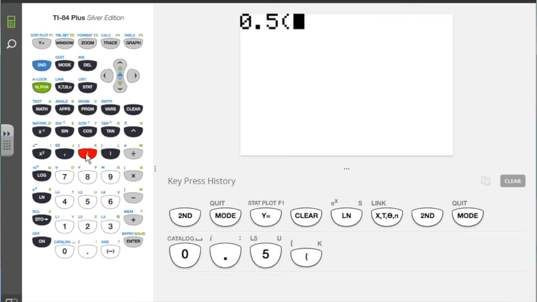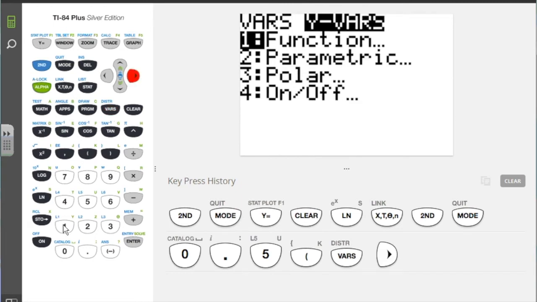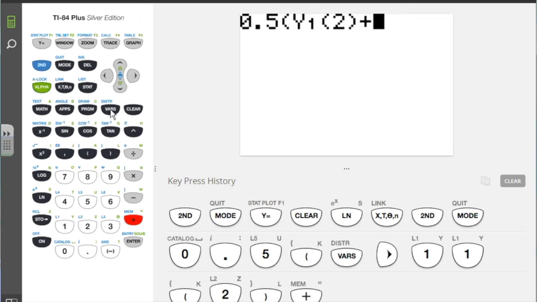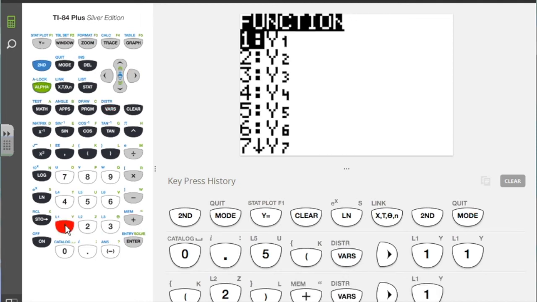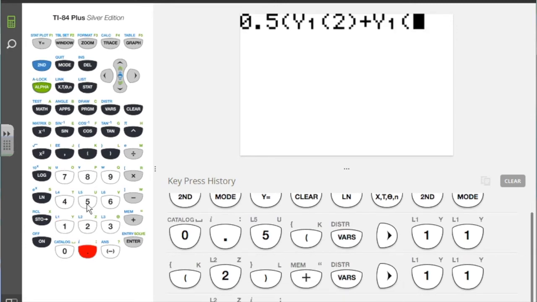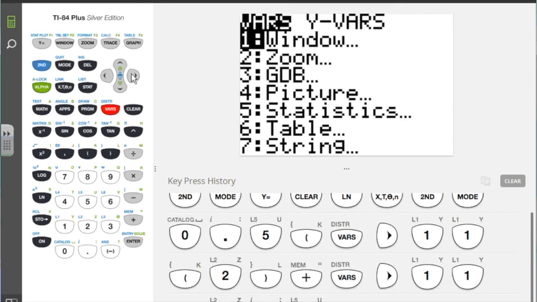So I'm going to do 0.5 parentheses, and now I'm going to do vars, y1, because that's where I put the natural log of x, parentheses 2. Right? So remember, the calculator is going to put in that value of 2 into the function and then calculate it for us.